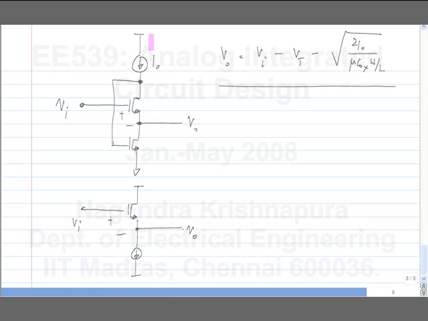Why? Anyway, you analyze it and see. Okay. You put GM and GDS for both the transistors and see what the output impedance turns out to be. Is infinite. So 1 over GM. Okay, so what happens?